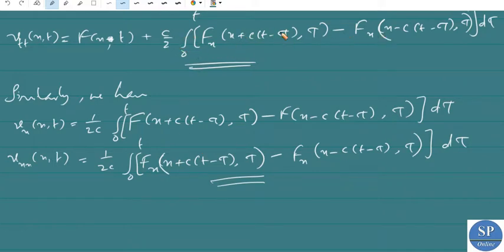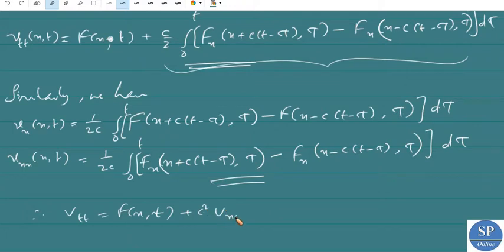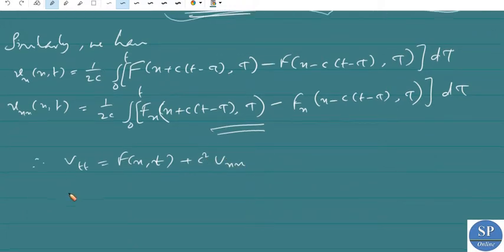So this can be written as c square into vxx. Therefore, we have vtt equal to f of x comma t plus c square into vxx. That is vtt minus c square into vxx equal to f of x comma t.